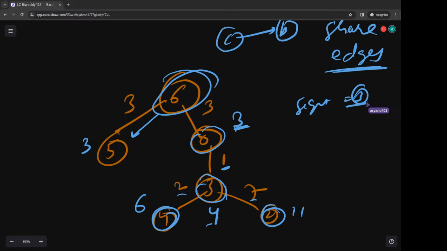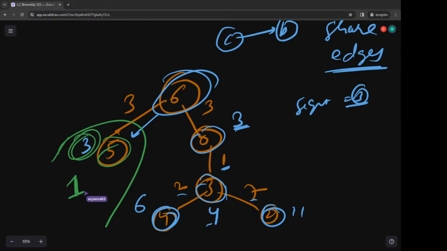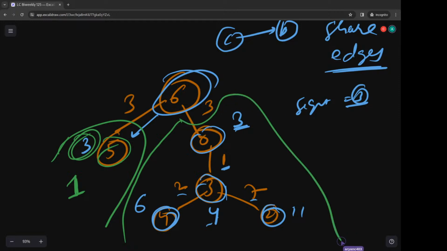So in this subtree, the child of 3, there is only one node which is divisible by 3. And in this subtree, 3 is divisible by 3, 6 is divisible by 3, and no other number is divisible by 3. So in this subtree, 2 nodes are divisible by 3.